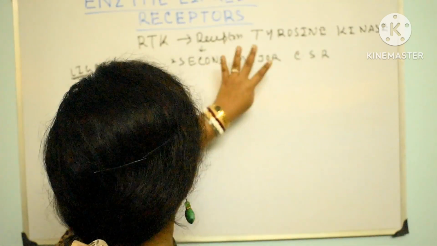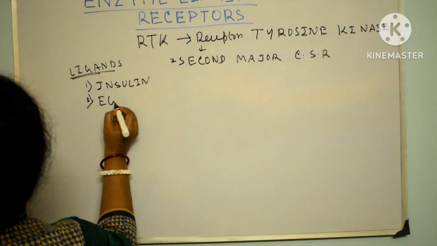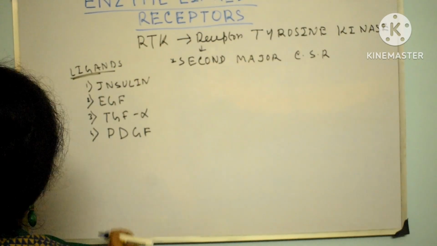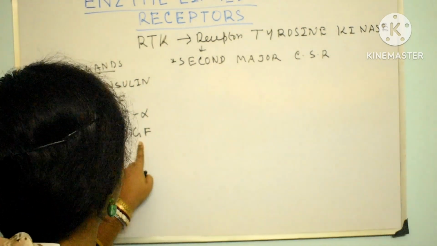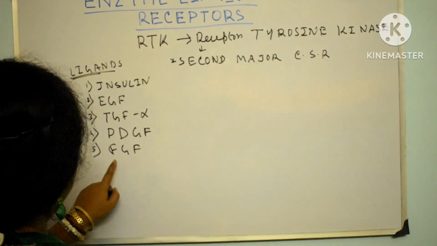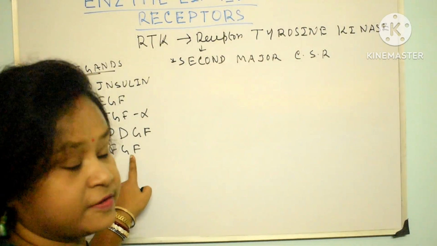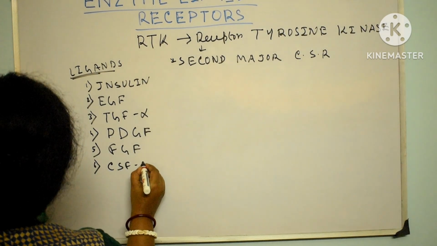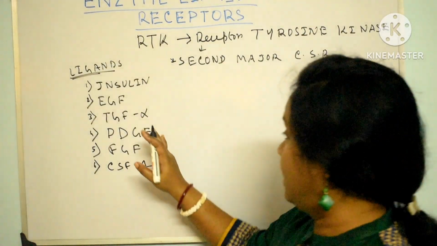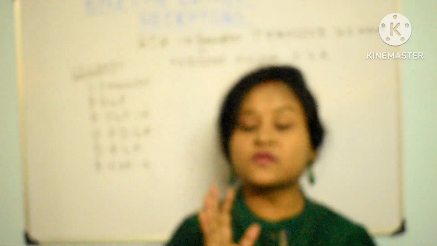So the ligands for RTK are insulin, epidermal growth factor, EGF, TGF alpha, transforming growth factor alpha, PDGF, platelet derived growth factor, FGF, fibroblast growth factor, and CSF1, colony stimulating factor. These are all the ligands of RTK.